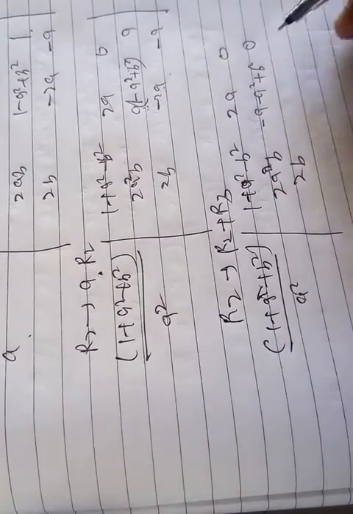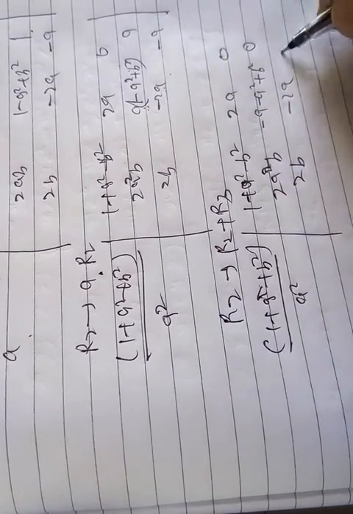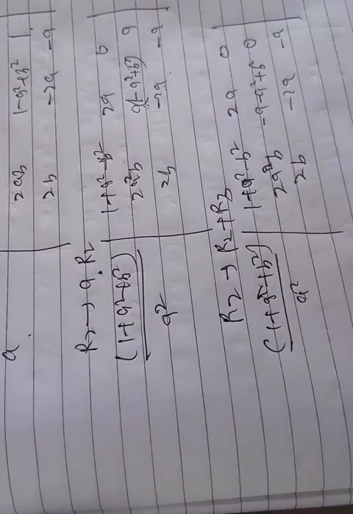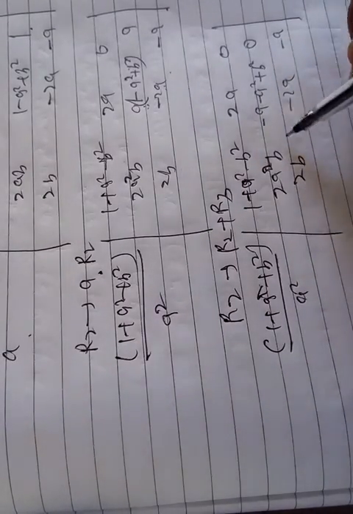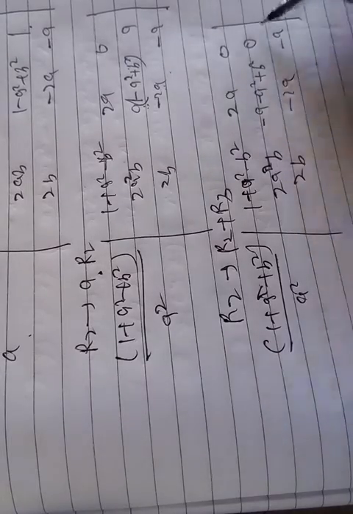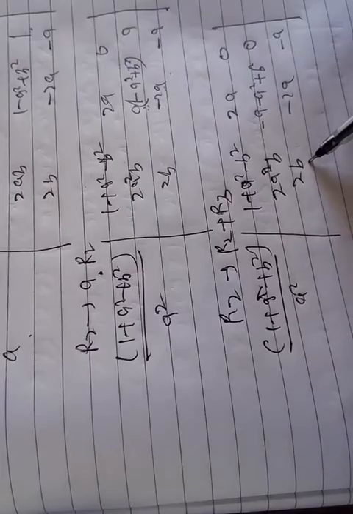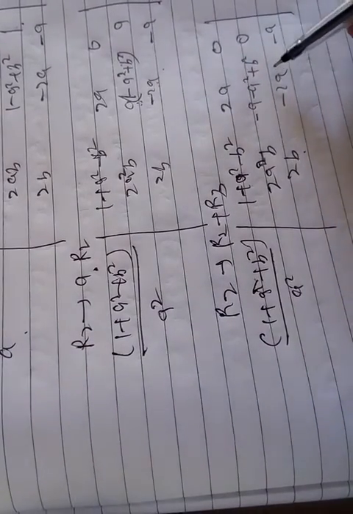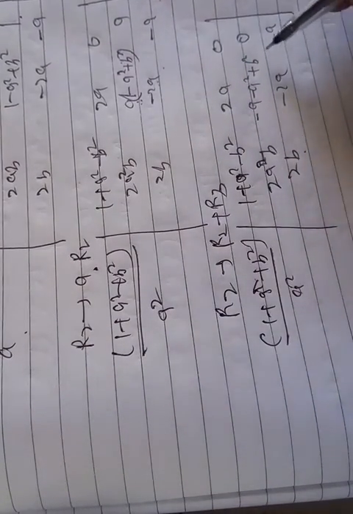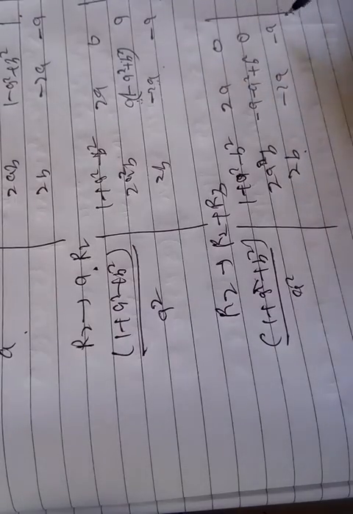Okay, this value change is 0, minus 2a and minus a. Clear? Taking common a from R2. Okay, this a and this 2b, so a common, this is not common, this is right.